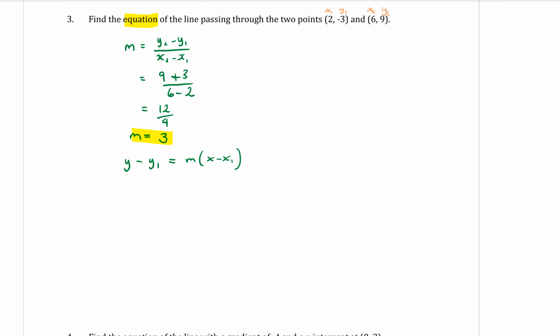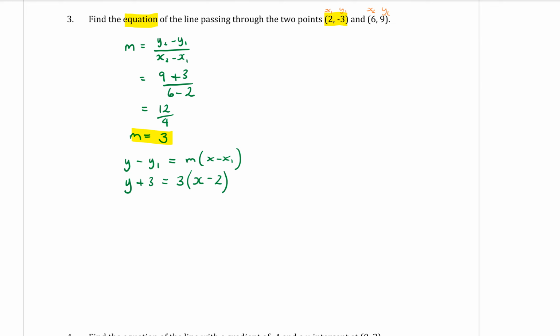Because I've already labeled this one x1, y1, I'm going to use that point again. So subbing that in, the y at the front will stay there, but the y1 I sub in the -3. So the minus from the formula and the minus from the 3 becomes a +3. m equals 3. The first x stays in there, but x1 is a 2, so -2.